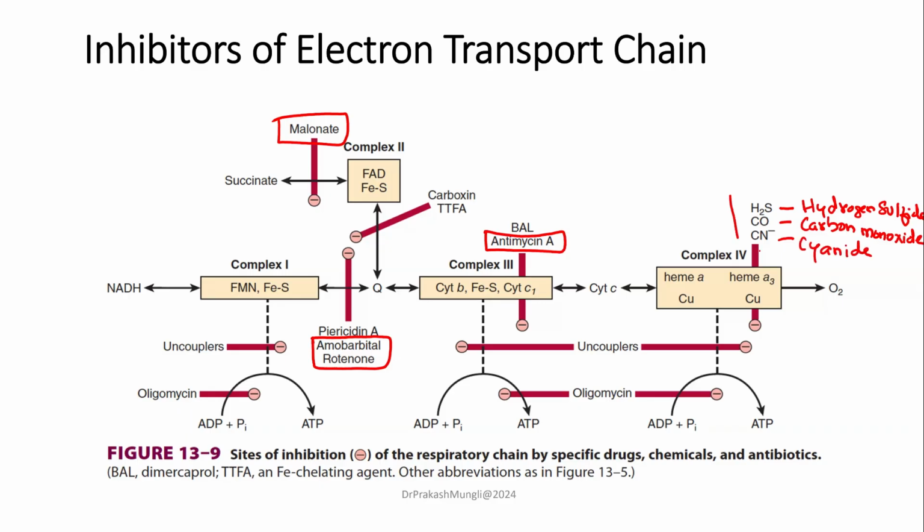And these are complex 4 inhibitors. So there are three complex 4 inhibitors. In fact, there is one more. Just to be on the safer side, let me add that as well. Sodium azide. So there are four complex 4 inhibitors.